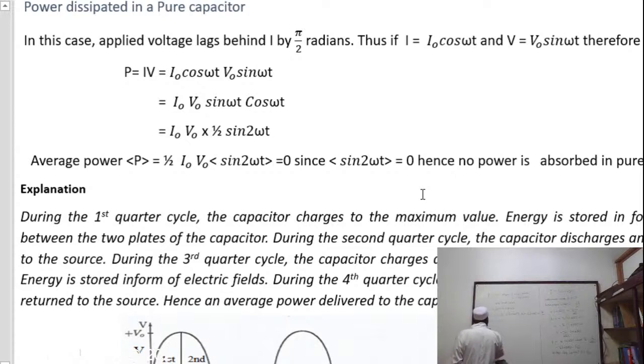Let's analyze the graph of the power generation. In a capacitor, this is voltage. First half cycle, second, third, fourth.